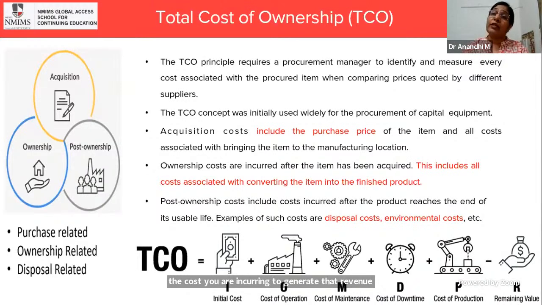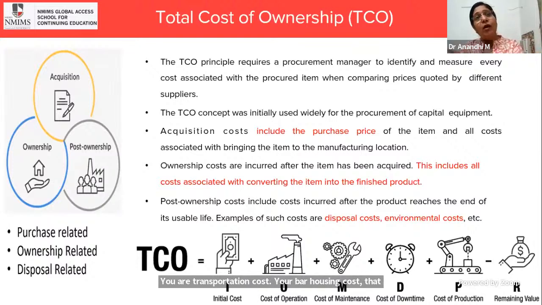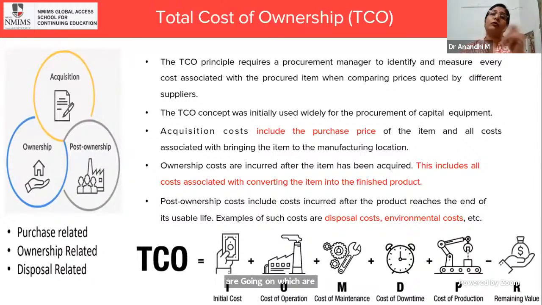There are high hidden costs, because your MRO, your transportation cost, your warehousing cost, that is the storage cost, all these are hidden costs which are added along with the value of the product, but it is not visible.